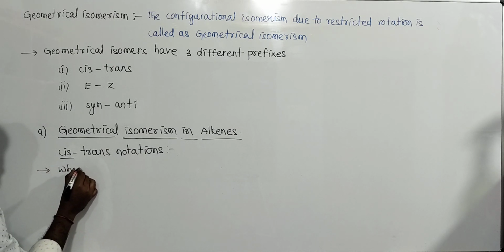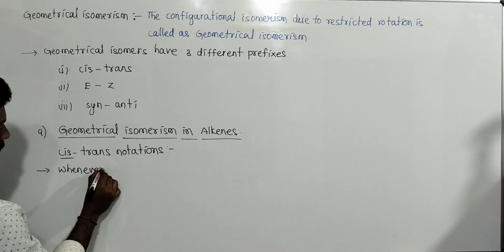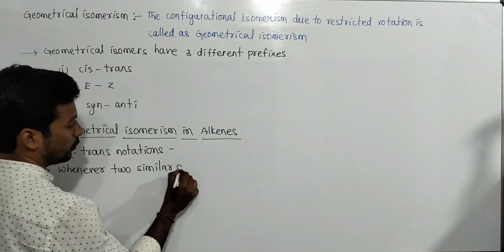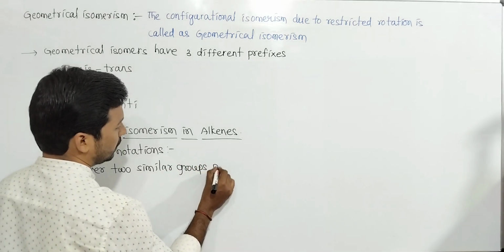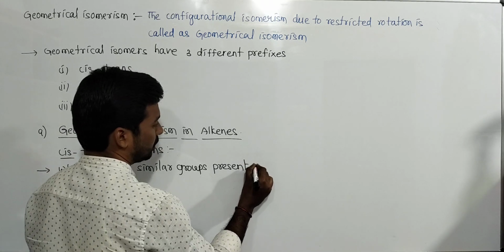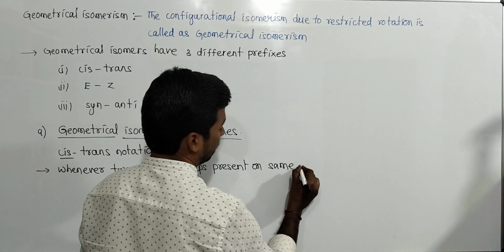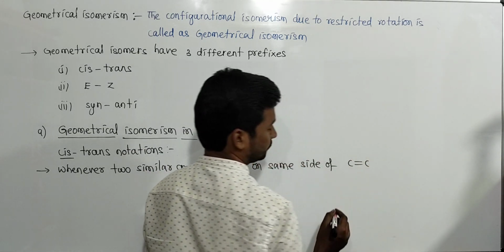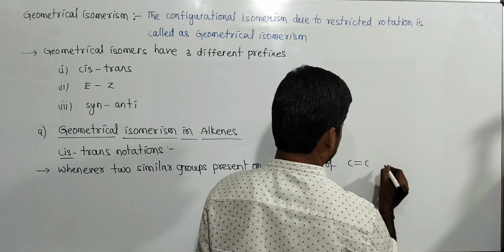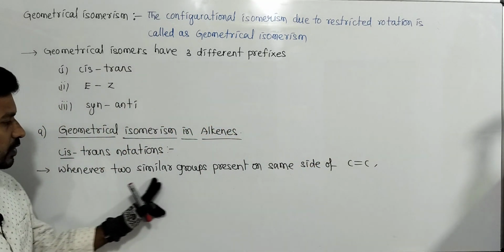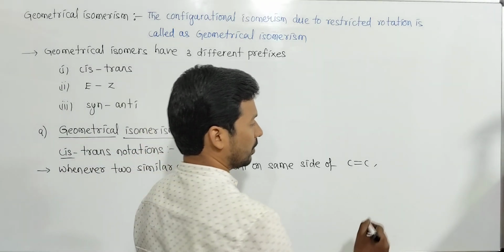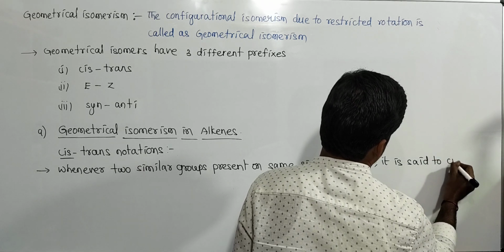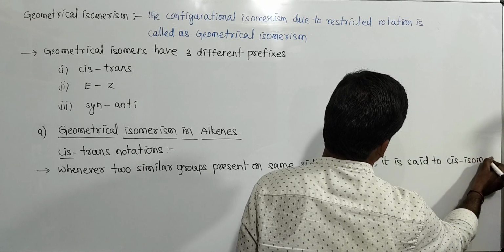So cis-trans notation. Whenever two similar groups are present on the same side of the carbon-carbon double bond, it is said to be a cis isomer.